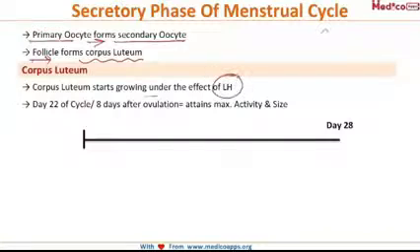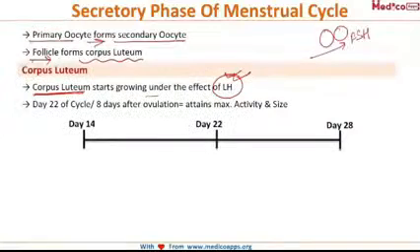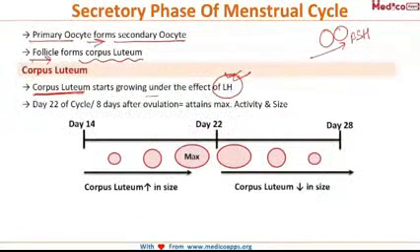Try to recall here that the follicles were growing under the effect of the hormone FSH. Now this corpus luteum starts growing under the effect of the hormone LH, the luteinizing hormone. The corpus luteum keeps on increasing in size, and the maximum activity and the maximum size is attained at day 22 of the cycle, or 8 days after ovulation.